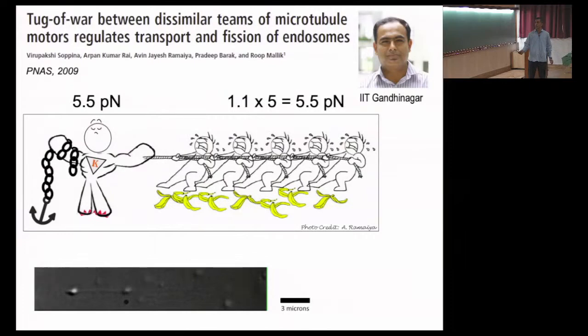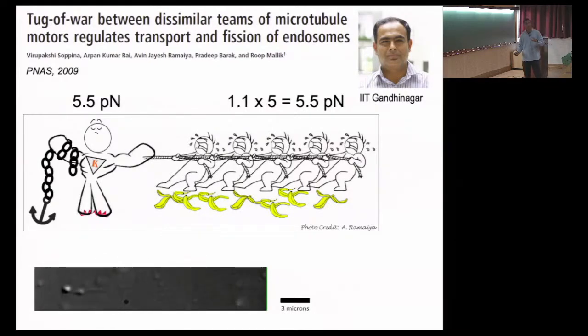And if you look at this, I feel that this is certainly a tug of war situation where one is pulling and the other detaches, and then the other is pulling and the other detaches. Now you can see this where two things are joined together by a long membranous structure, or even if I'm not showing you the video for that, a single cargo like this also moves in a back and forth manner.